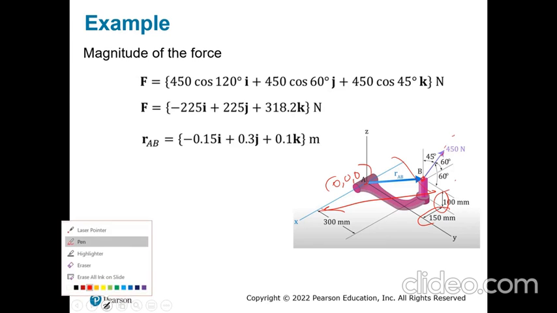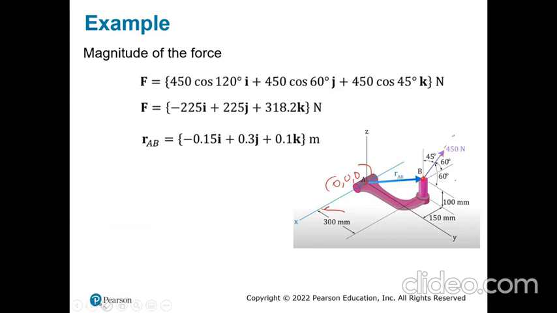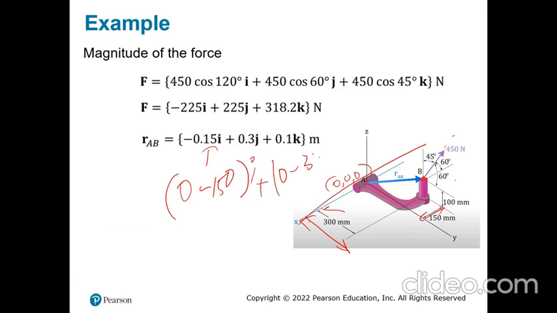So for my position vector, I know the coordinates. It's 150 in the x direction. How is that 150? Let's look at that. That's my x, and that's my B point. So it's going 150 in B, that's 0 minus 150 in i. Then in the y direction it's going to be parallel, that's 300, so 0 minus 300j.